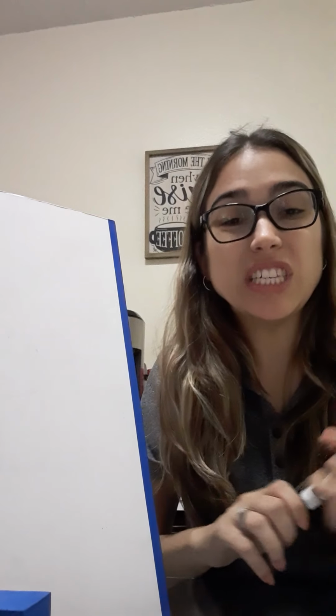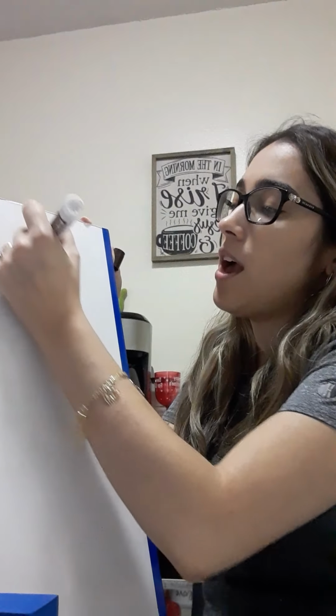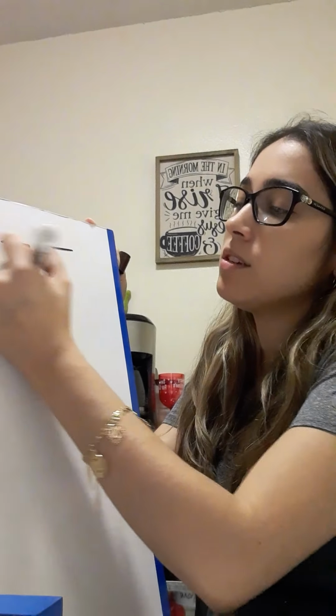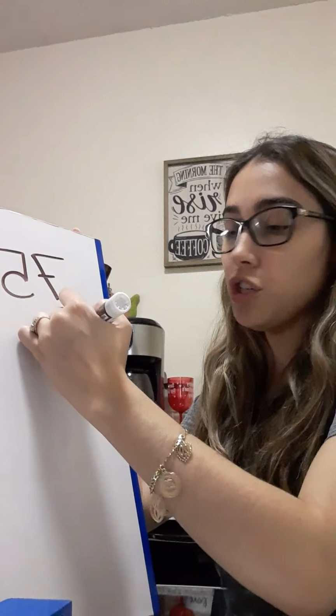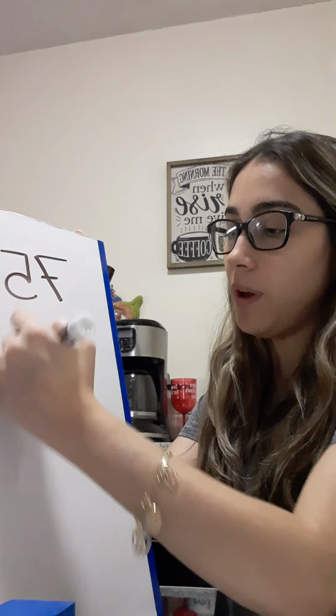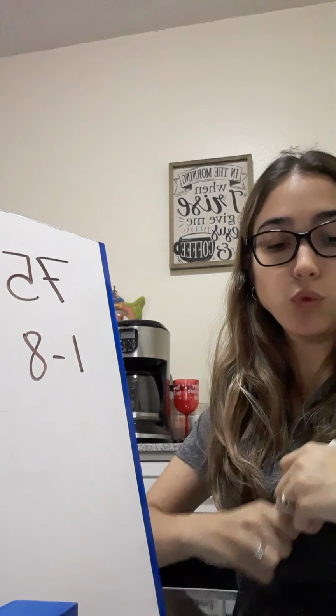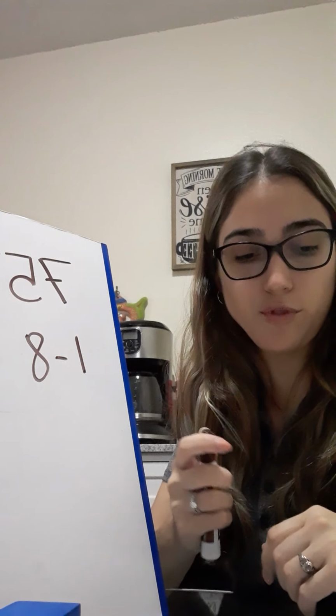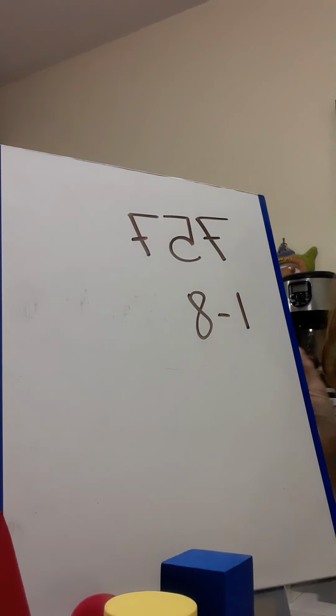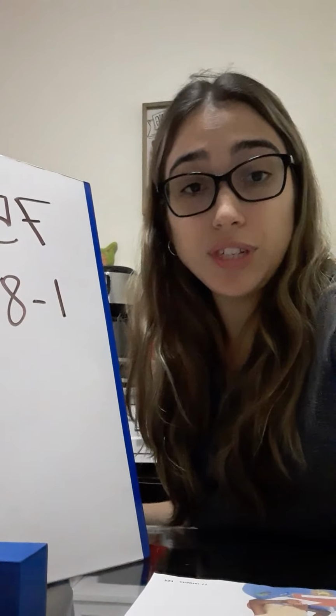So you're going to go to page 757, okay, 757, and again, I'm gonna send this also through Class Dojo. 757, you're going to do numbers 1 through 8. Okay? Numbers 1 through 8. And yes, you have to do number 8 because I know you guys are going to ask if you have to do that one. Okay? So page 757, numbers 1 through 8 is going to be your assignment for today.